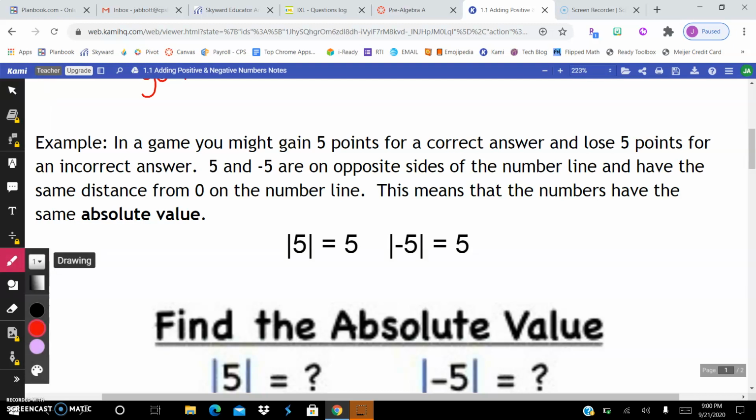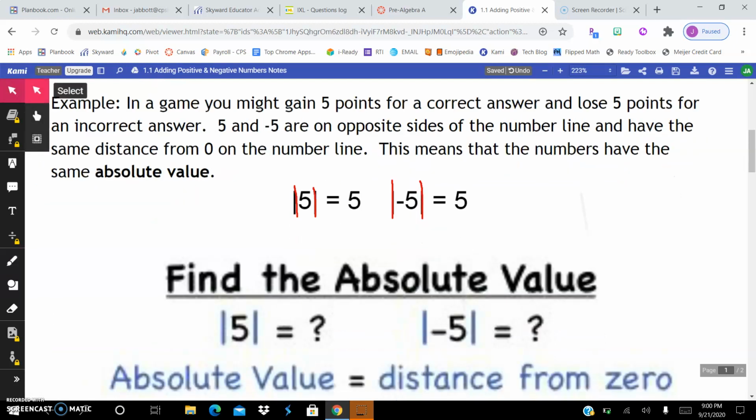So absolute value is written with these straight up and down lines here. They're not parentheses. They fall into the parenthesis category, but those straight up and down lines mean absolute value. Absolute value means how far from 0 is that number on a number line.